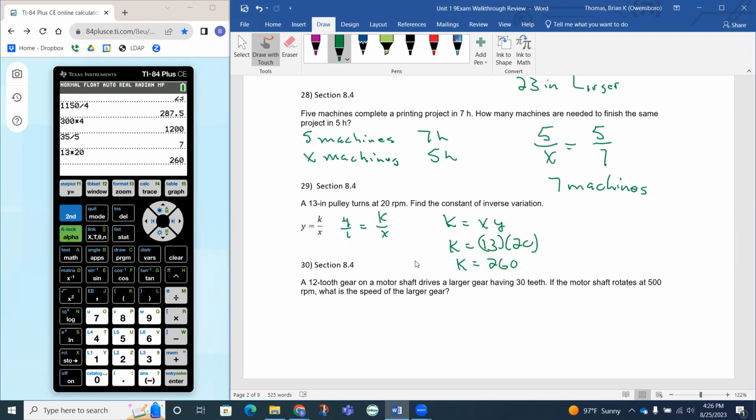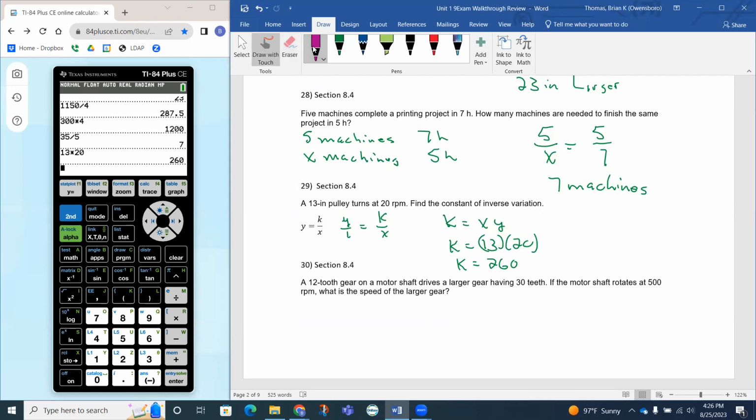So question 30, a 12-tooth gear on a motor shaft drives a larger gear having 30 teeth. If the motor shaft rotates at 500 RPMs, what's the speed of the larger gear? Notice how, again, the small-tooth gear is going to have a faster RPM, and the large gear is going to have a smaller RPM. So we should be looking for an answer that is under this 500.